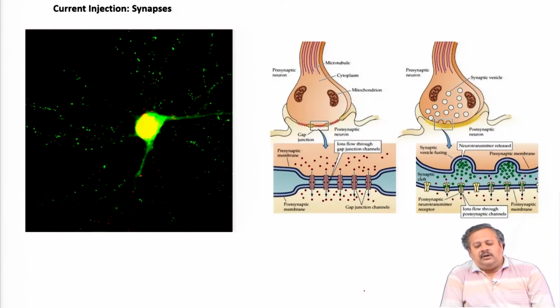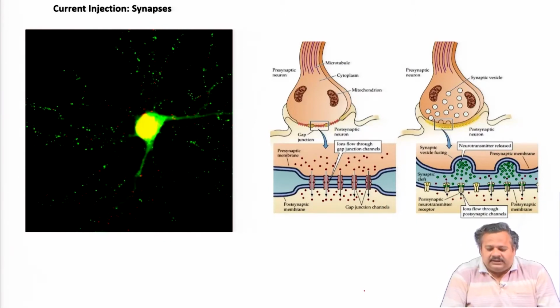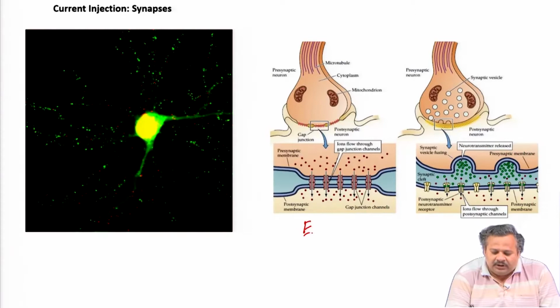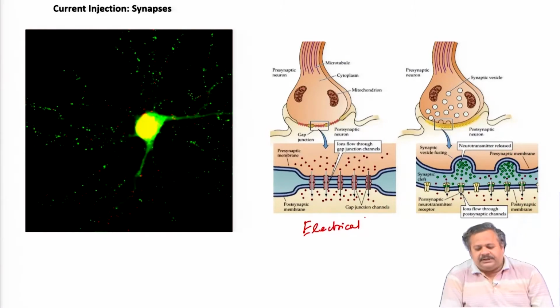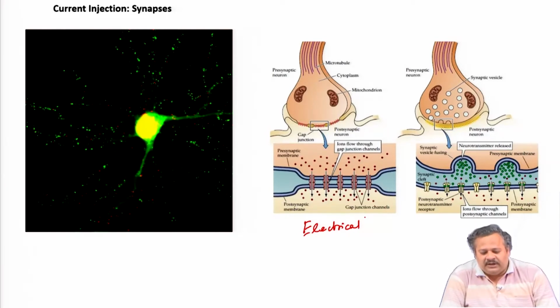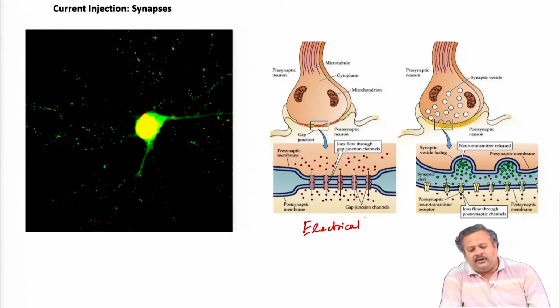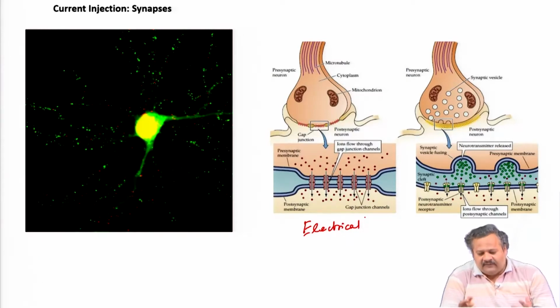However, there is also another kind of synapse, and that is electrical synapses, as shown in the diagram here. These are synapses, as we have mentioned, which are based on gap junctions and gap junction proteins, particularly the connexin family of proteins.